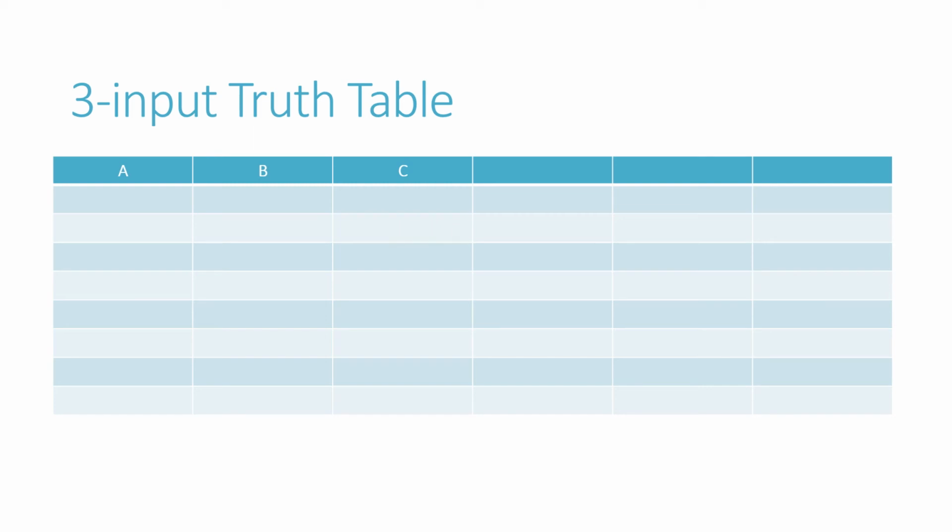Up to now we've only looked at truth tables with two inputs, A and B. And there are four possible combinations of A and B, equivalent to the binary numbers 0, 1, 2 and 3. If we add a third input, C, that gives us 8 possible combinations. It doubles the number of combinations, and they're equivalent to counting from 0 to 7 in binary.